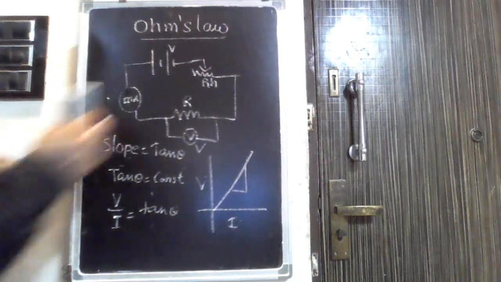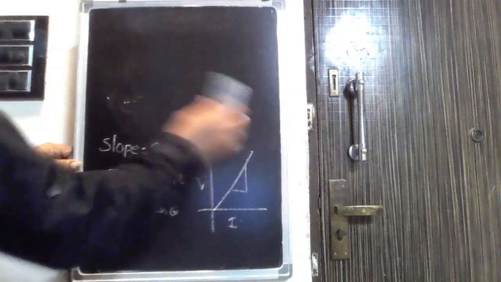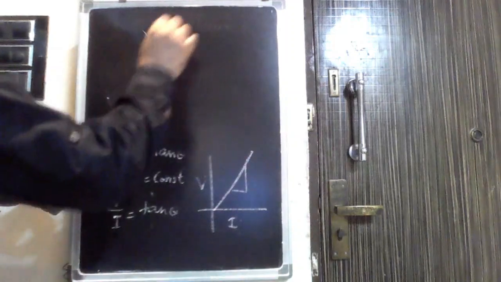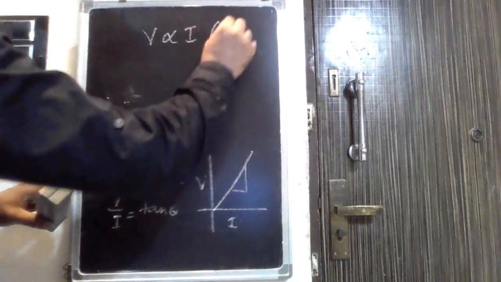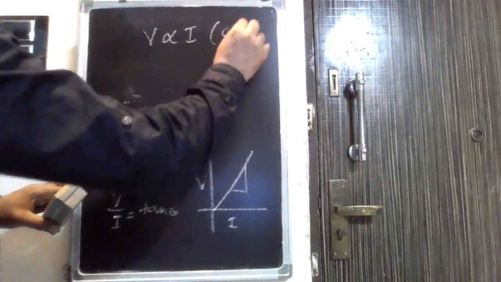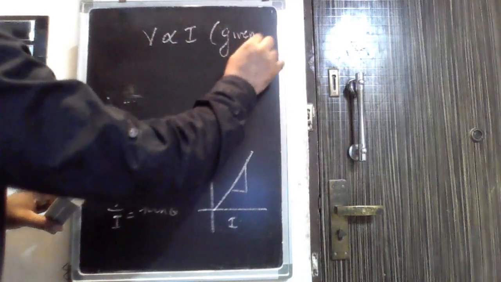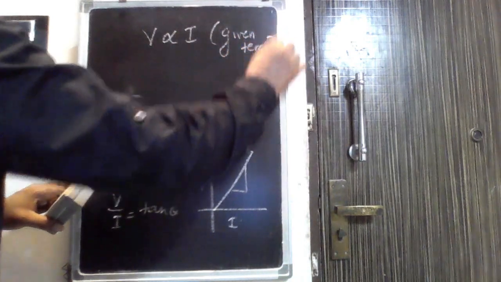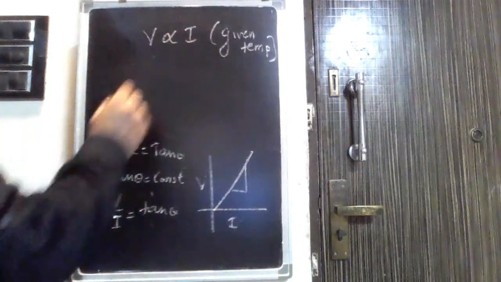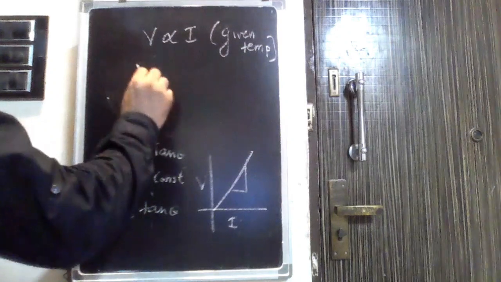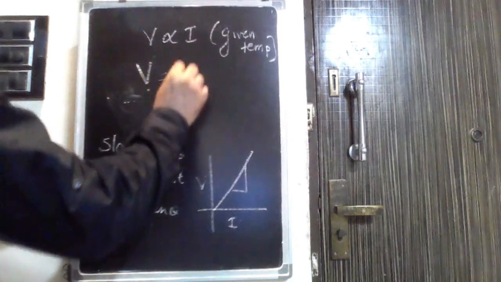He also found out that according to his law, V is always proportional to current, but he said at a given temperature, pressure, and standard conditions. So the most important point he said is that temperature should be constant. So for him, V and I are proportional, and when you take the proportionality out, you have to put a constant.